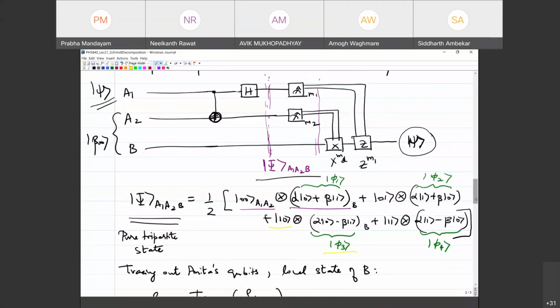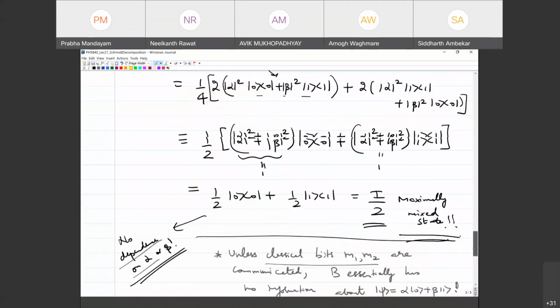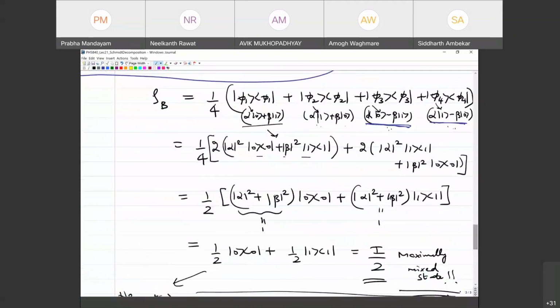You can only describe it as a probabilistic mixture of the outcome states. And that's exactly what is happening. And in this case, a probabilistic mixture of these outcome states is basically a maximally mixed state, right? That's what we just showed here, right? A mixture of these 4 states, phi 1, phi 2, phi 3, phi 4, is simply this maximally mixed state.